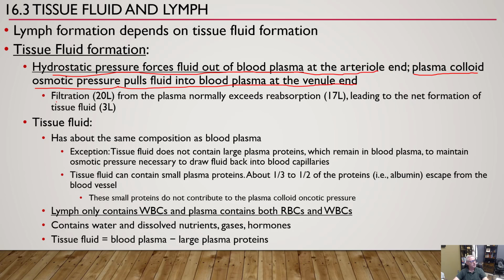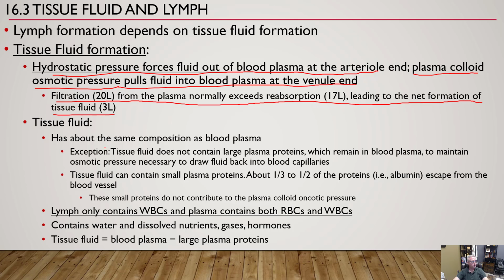So we can say that we are going to filter 20 liters of water out from the plasma, and then we can reabsorb 17 liters on the venous end, and then we're going to be left with 3 liters of tissue fluid.